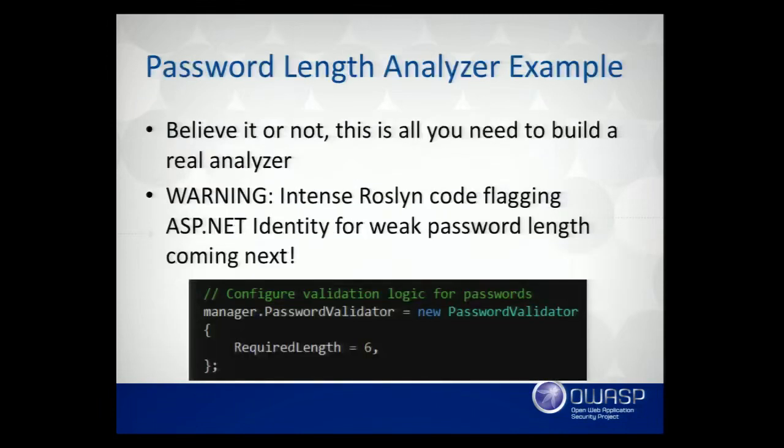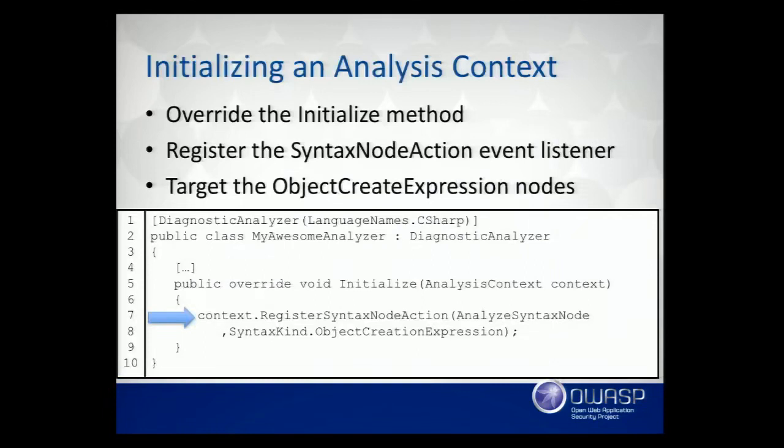So our password length analyzer, let's actually implement this and flag required length of 6 as bad. Sounds pretty easy. So let's take a peek at this. The first thing we do is we override initialize and we pick that method. So we're going to say register syntax node action. We give it the method we want to have invoked when it encounters a syntax kind of object creation expression, which is what that tree visualizer told me the password validator class was when we actually stood that thing up.